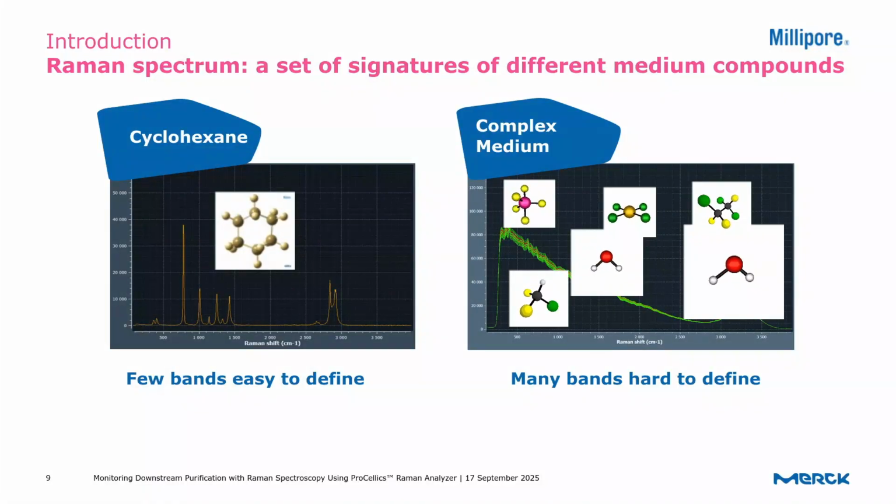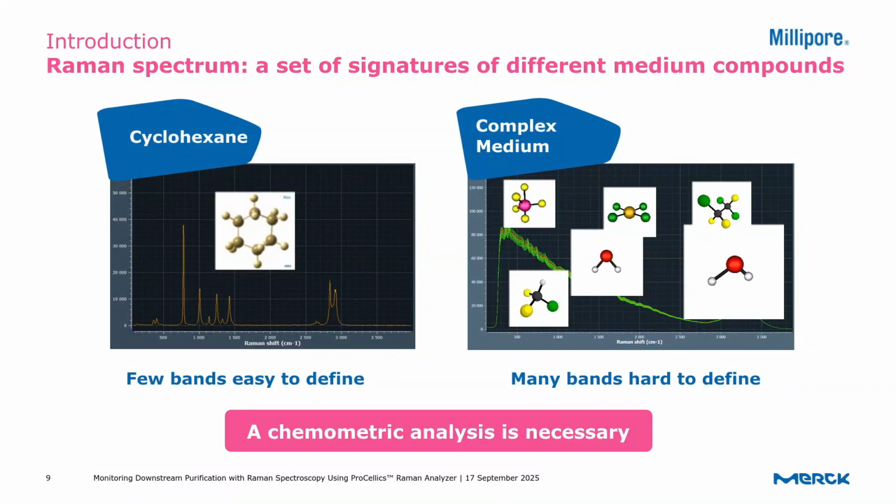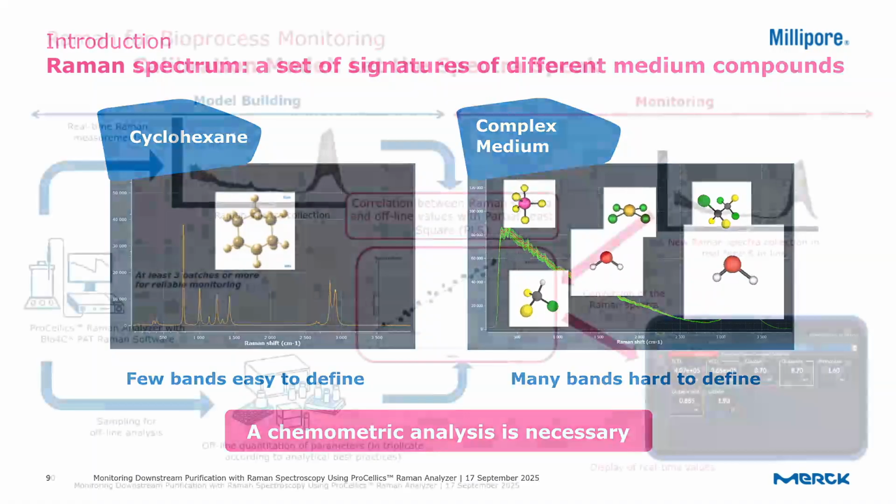But when we're looking at a more complex medium, like on the right, you'll see a significant amount of background all across the Raman shift, associated with a number of different types of molecules and their vibrations. When you're dealing with a complex medium, like we are in bioprocessing throughout most of our process, it can be difficult to differentiate them just by visually looking at the spectra. That's why chemometric analysis is a necessary step to implementing Raman spectroscopy.